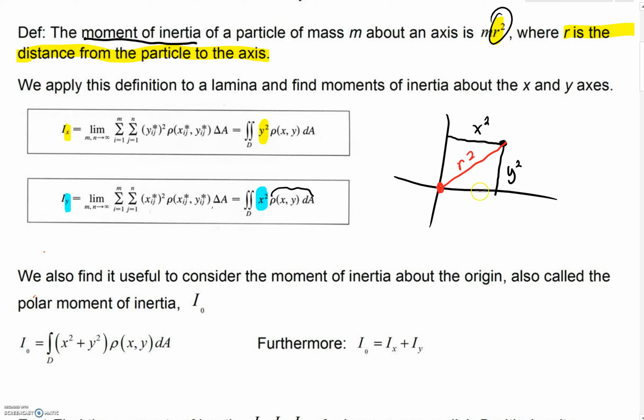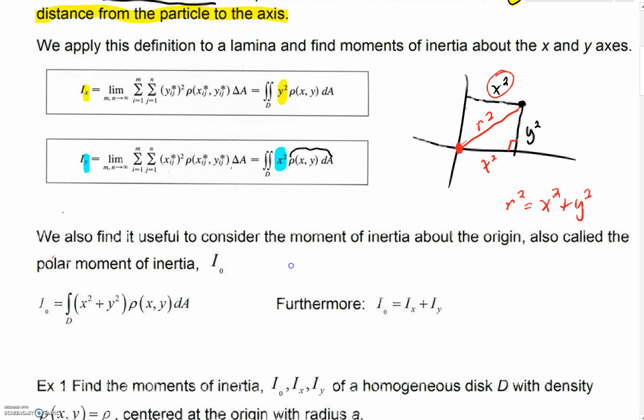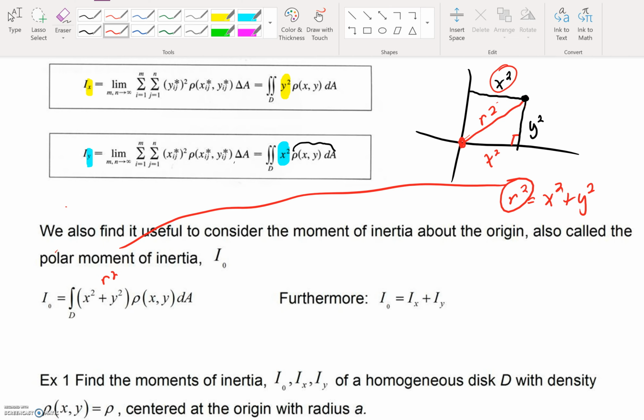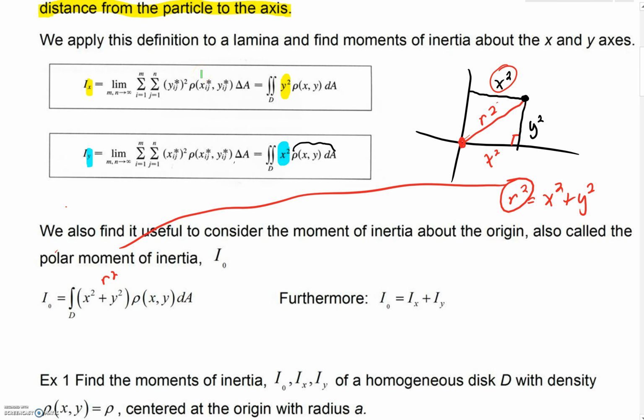By the Pythagorean theorem, x squared plus y squared equals r squared. That's why, when finding your polar moment, inside the integral you will ultimately just have x squared plus y squared as your distance.